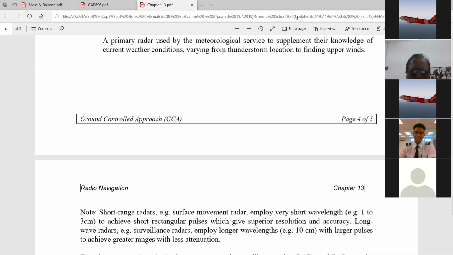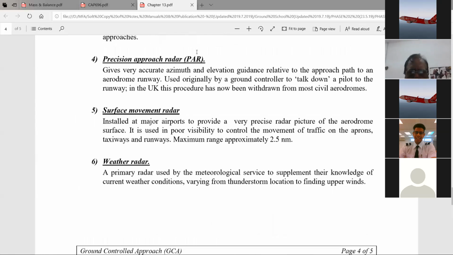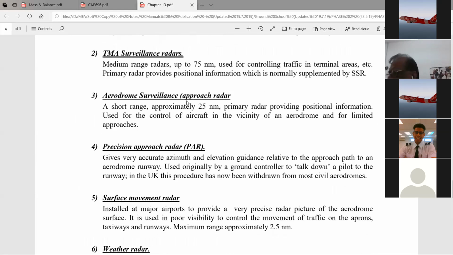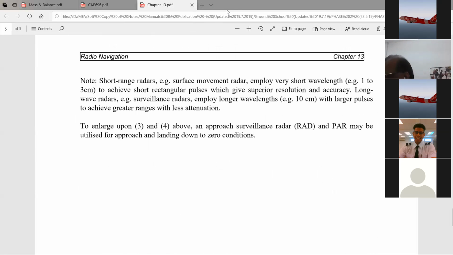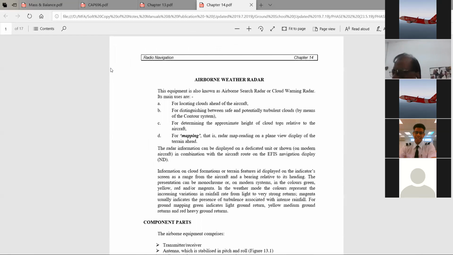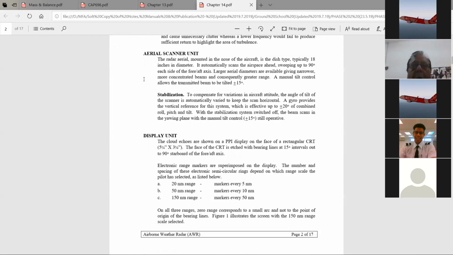Okay, you control. Yeah, okay, sir. We go on to the page. Seems like you accidentally closed this one. Which page, sir?